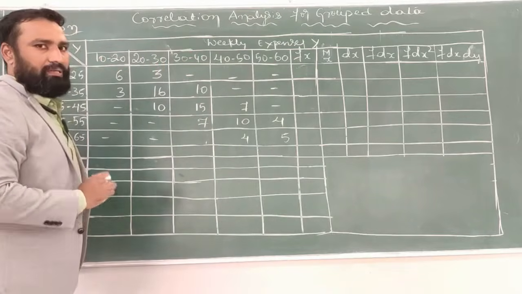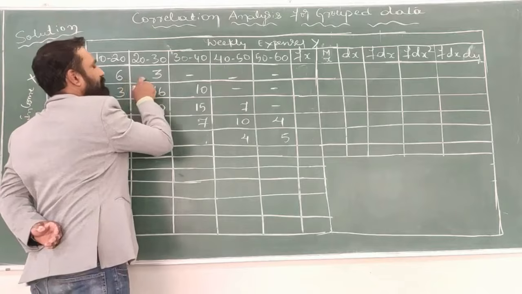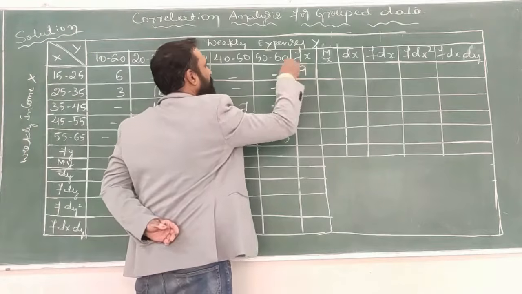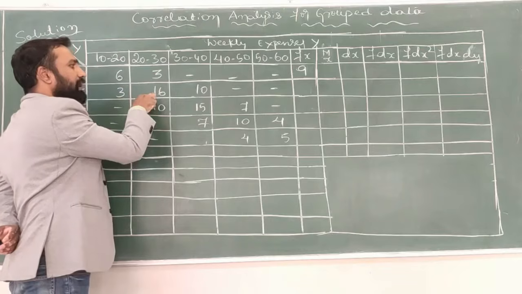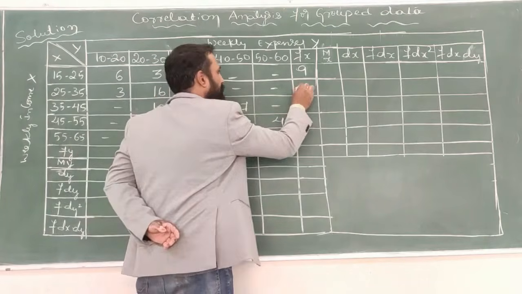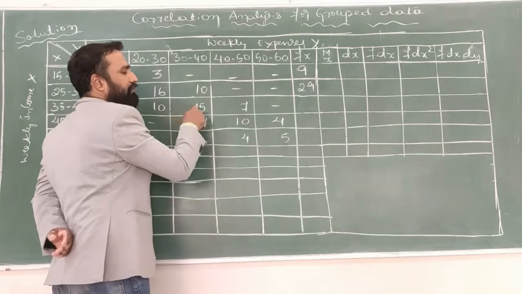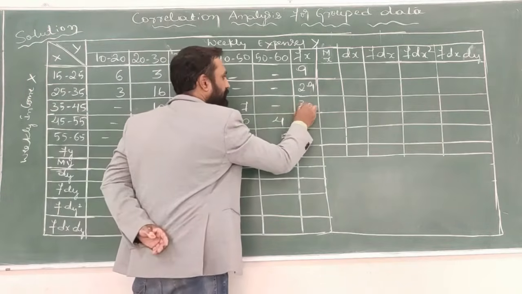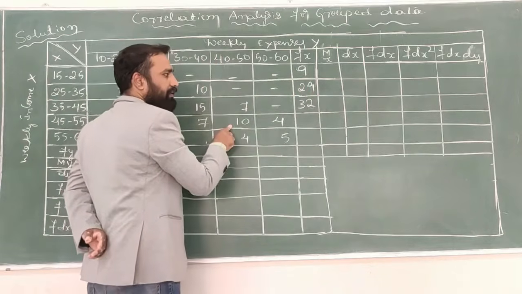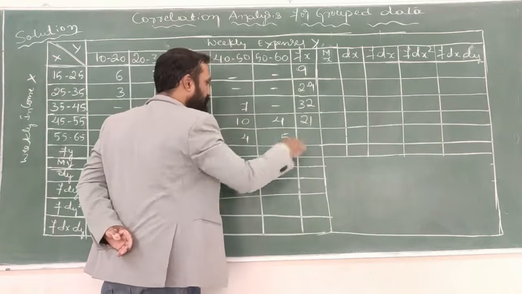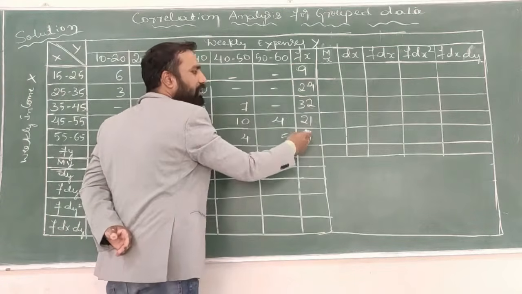First 6 plus 3 is 9, next 3 plus 16 is 19, 19 plus 10 is 29, next 10 plus 15 is 25, 25 plus 7 is 32, the next 7 plus 10 is 17, 17 plus 4 is 21, and 4 plus 5 is 9. So these are the values of fx.